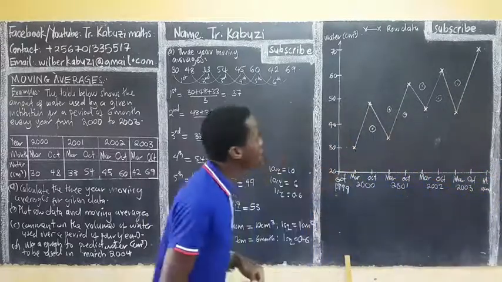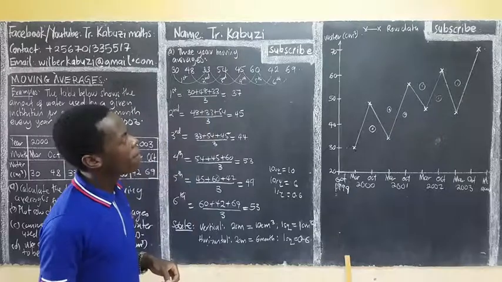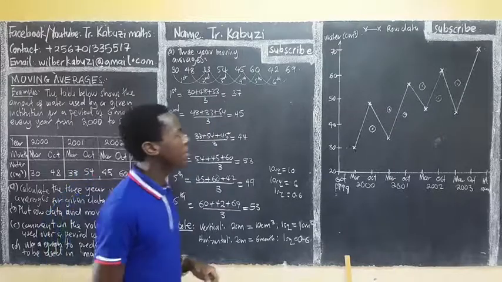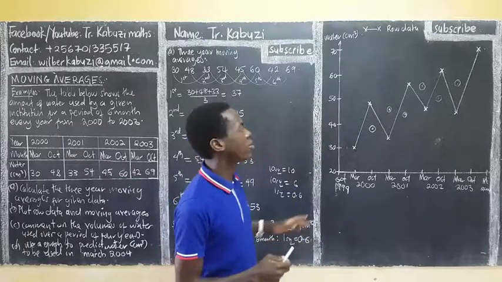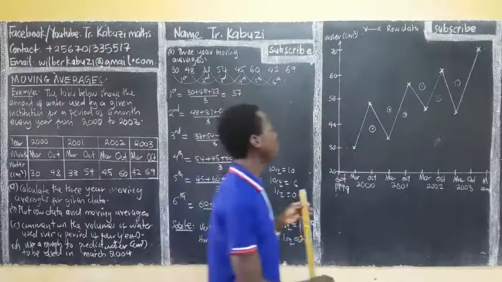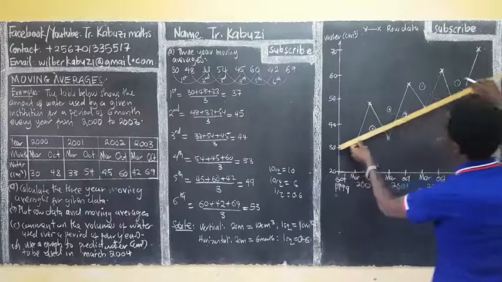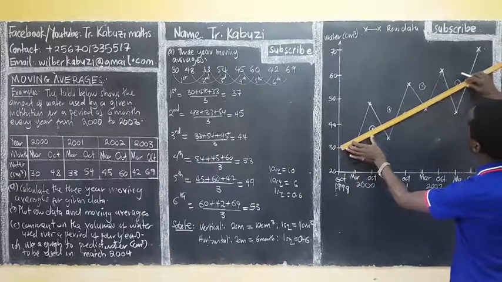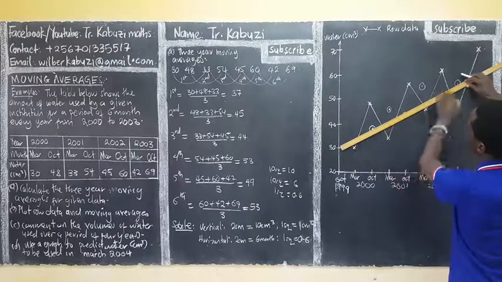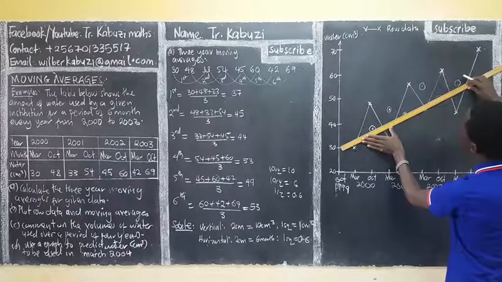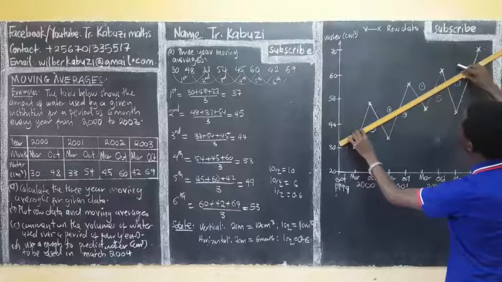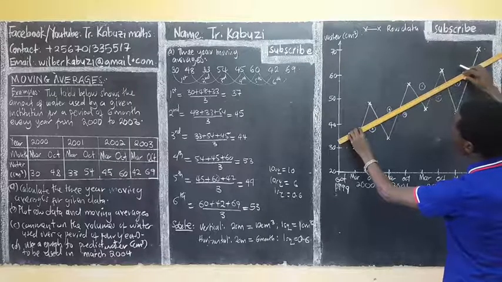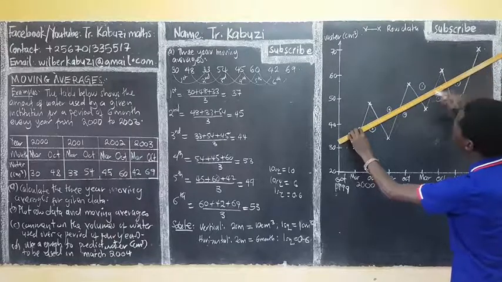Now here, we say you draw a line of best fit. I think we have seen how we do line of best fit. It's the line that tends to all the points. So you see, when I draw this, when I put it passing through this point and this point, it's going to be my line of best fit there. So that's going to be my line of best fit. We saw how we do this.